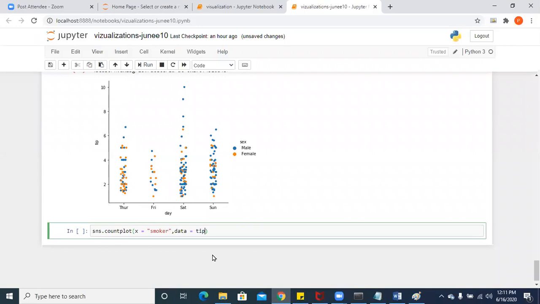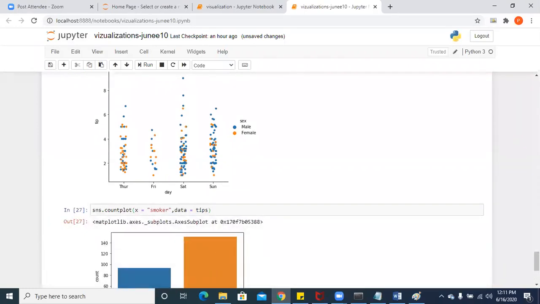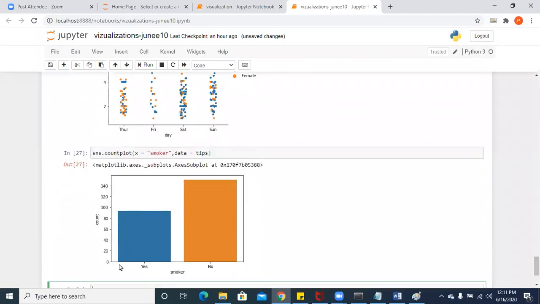If you see, 90 people who are smokers and 150 people who are non-smokers.